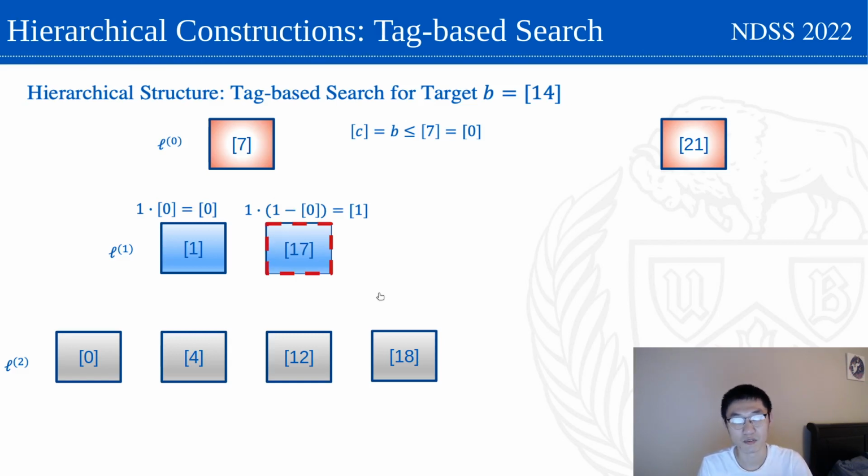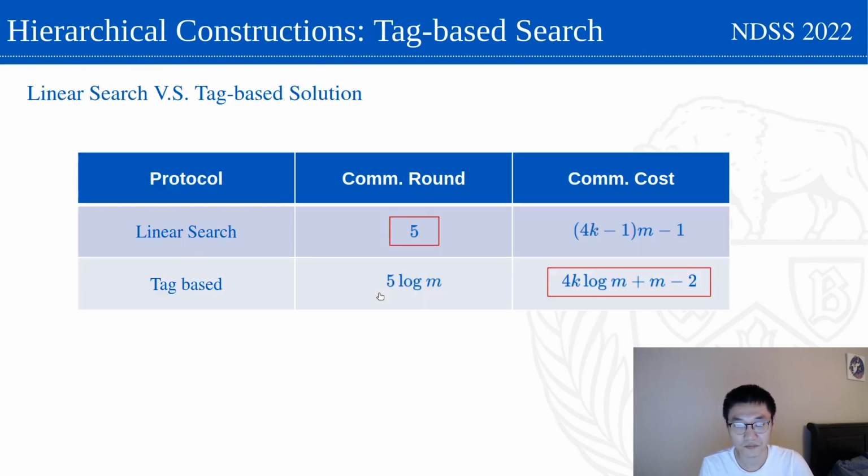For example, here we are going to take out the 17. Once we take out this element, we can do another round of comparison and generate the tags for the next layer. We will keep doing this until we reach the very bottom.